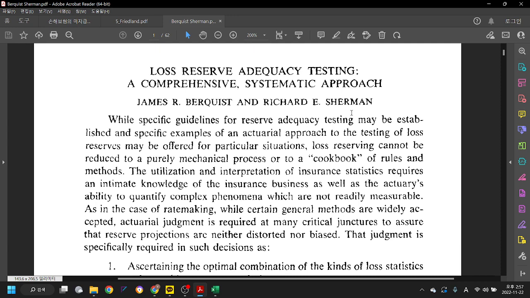Actually, this model dates back to 1978, but it was not known to all the actuaries in North America or Europe for a long time. The main reason, I can make a good guess, is that this model adjusts the previous loss triangle, like paid loss or case outstanding losses.